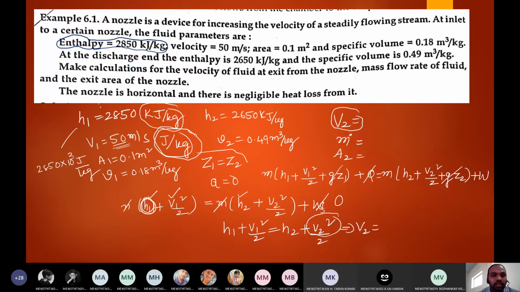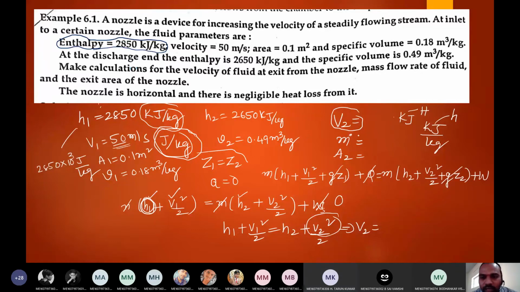Suppose enthalpy 2850 kilojoule is given, then that will become capital H1. It all depends upon the units he has given, kilojoules or kilojoules per kg. If it is kilojoules, that is normal enthalpy. If it is kilojoules per kg, that is specific enthalpy. Am I clear? Yes, sir.